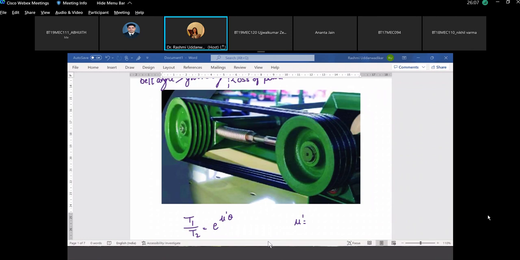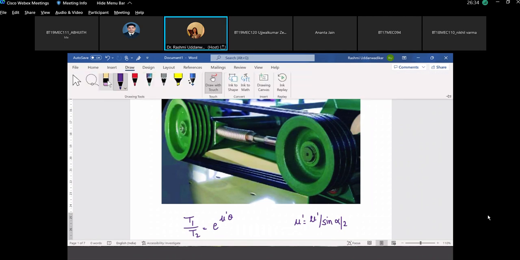It is mu upon sine alpha or sine alpha by 2. It is half of the groove angle. So if you are taking the groove angle as 2 alpha, then this formula is mu dash equals mu upon sine alpha. If you are taking the groove angle as alpha, this is the semi-groove angle.